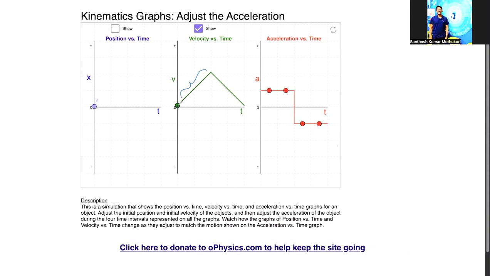The velocity is increasing, the positive gradient, and the velocity is decreasing. So let us translate to the position time graph. Look at this. So here you can see that the velocity is increasing. Now focus only on these two graphs. Now check this out.